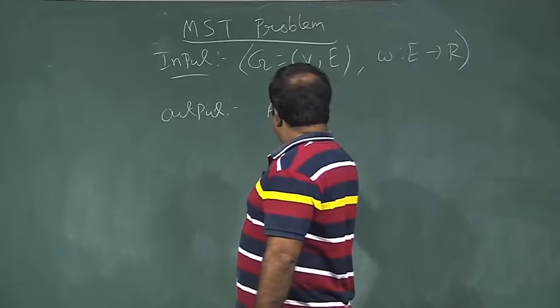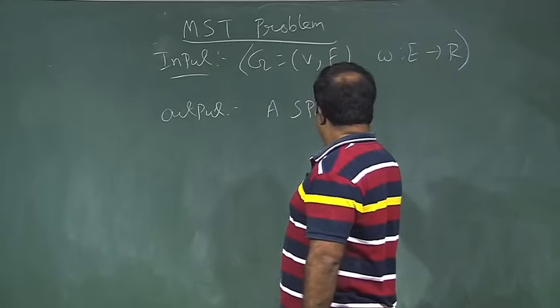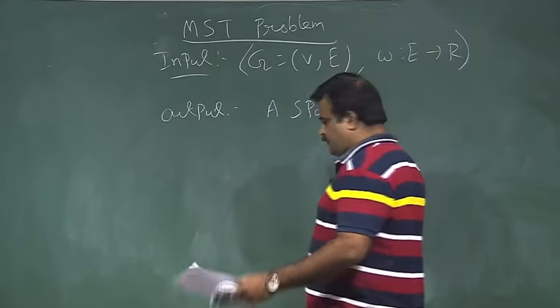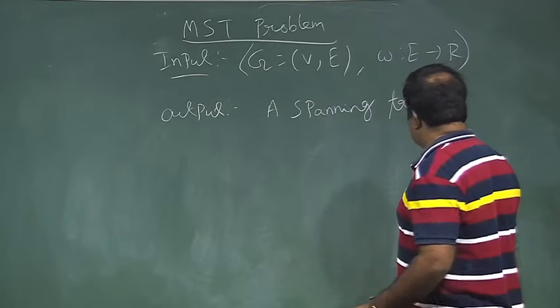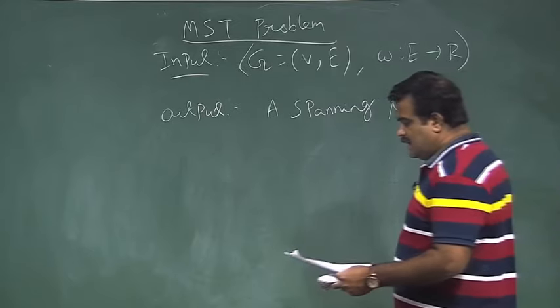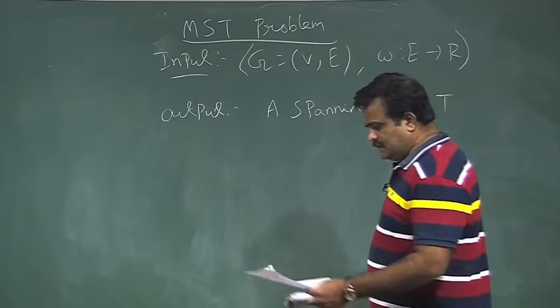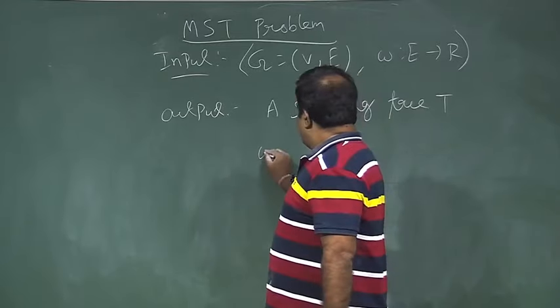a spanning tree, which is a subgraph, which is a tree with no cycle, tree means no cycle, and that contains all the vertices such that the weight W(T) is minimum.